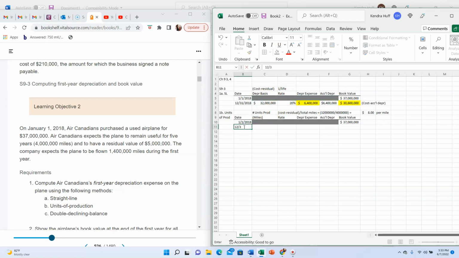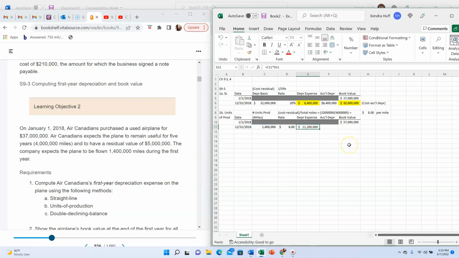All right, and then at 12/31, at the end of the first year, they've flown 1,400,000 miles. And that's miles, not dollars. The rate is the $8. You multiply it out, 1,400,000 times 8.